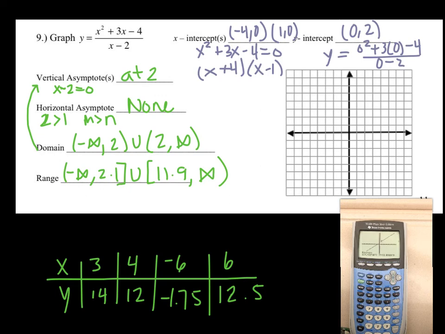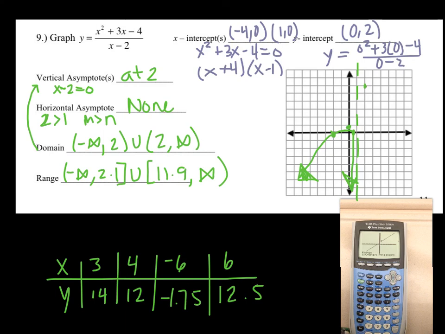So I'm going to do this graph by 2s. So let's see. We know that our intercepts are -4, 0, and 1, 0. So if it's by 2s right there and here, and then our y-intercept is at 0, 2. So I can go ahead and draw that section, and my vertical asymptote is at 2. And then some more points for 12. So 2, 4, 6, 8, 10, 12.